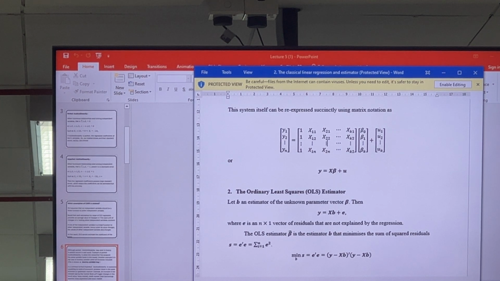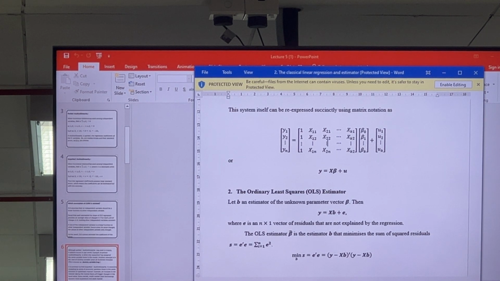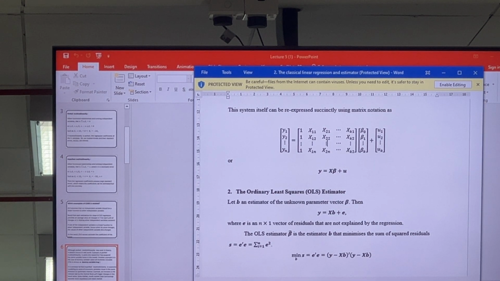Remember, we cannot have any linear dependency within the columns of this matrix X. So if you create dummy variables and include a dummy variable for all categories, the sum of all dummy variables will be equal to 1, which is equal to the first column, the first column for beta 0.